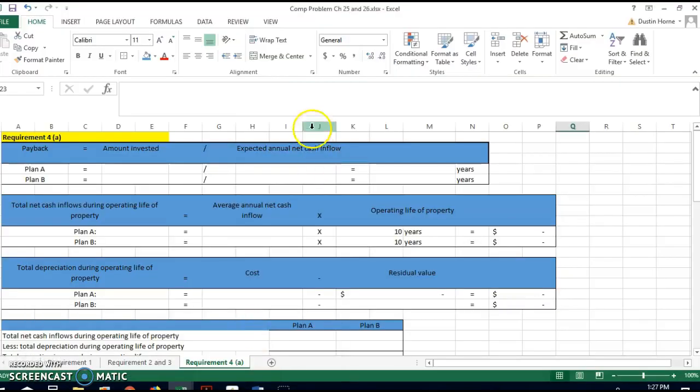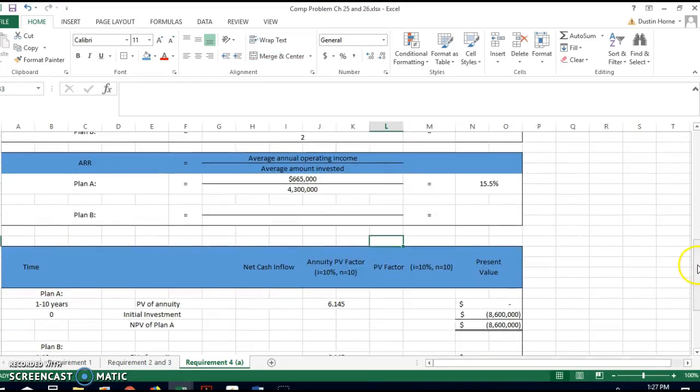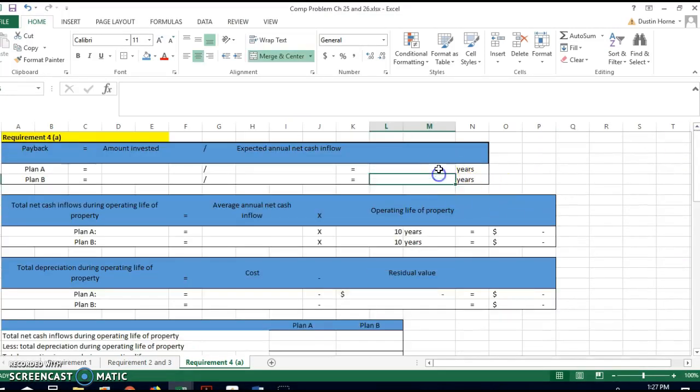So you would put those numbers here. You take this amount divided by this amount, and that's going to give you your years. So I'm going to copy that down.